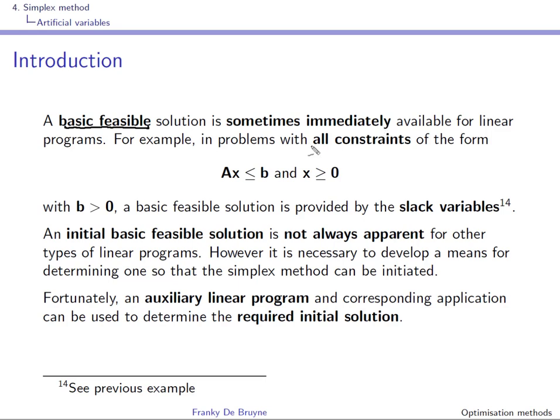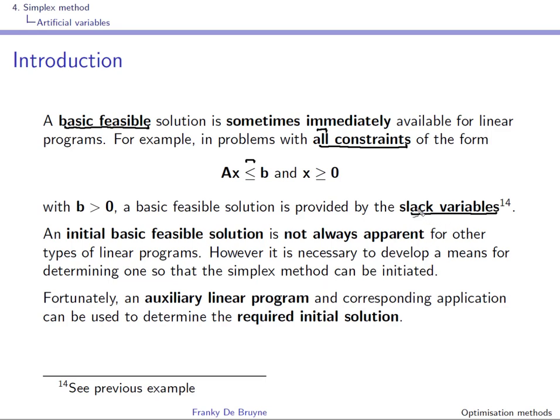This is always the case, for instance, if you have a problem where all the constraints are of the type smaller or equal than, because this means that in every one of the inequations you'll have to add a slack variable, and this slack variable will only appear once in the underlying equation and it will not appear in the other equations.